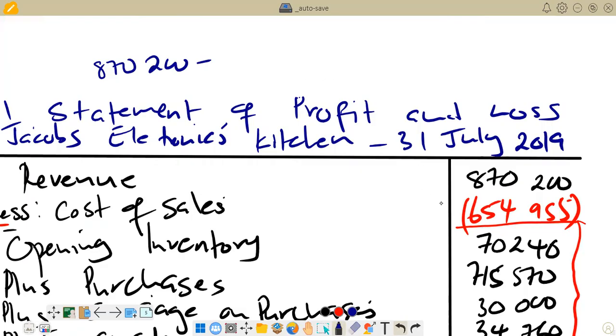Then you subtract the figure for cost of sales, which is 654,955. The figure for gross profit that you are supposed to get, which is correct, is 215,245. So this is the figure for our gross profit.